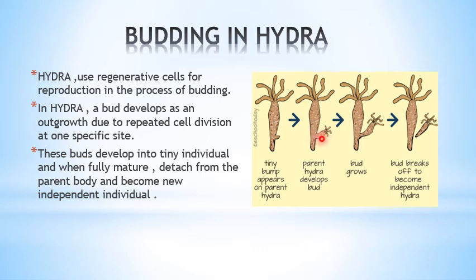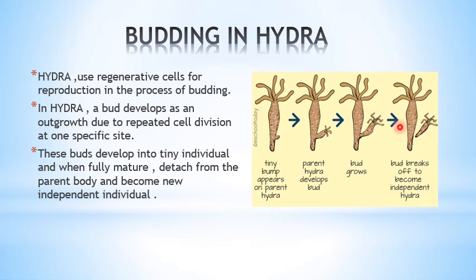The parent hydra develops a bud, and the bud grows similar to the parent, with tentacles and a cylindrical body. After attaining maximum size, the daughter hydra detaches from the parent hydra, falls on a suitable substratum and develops into a new hydra.